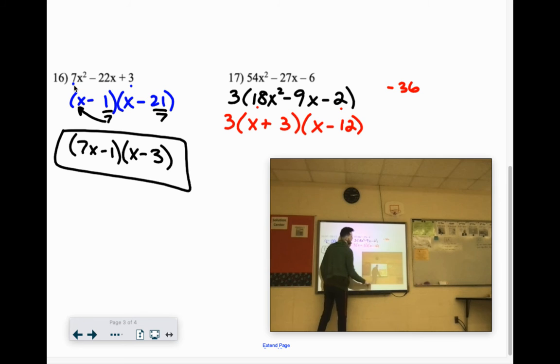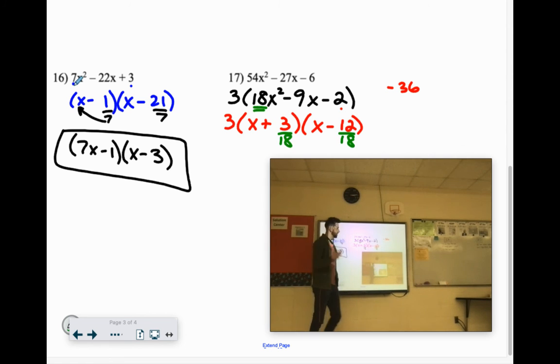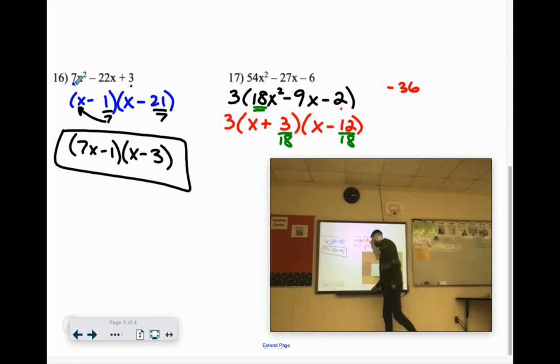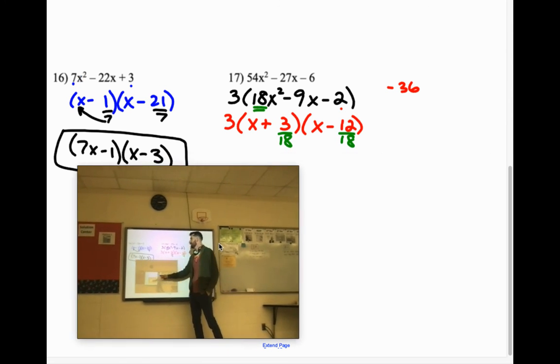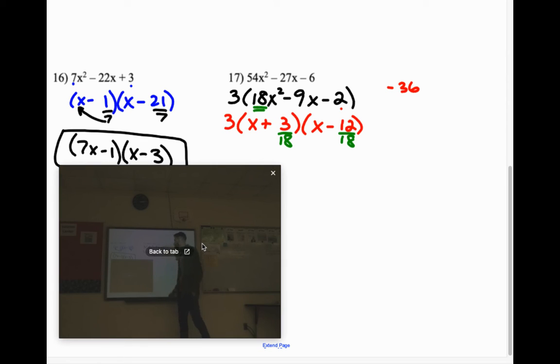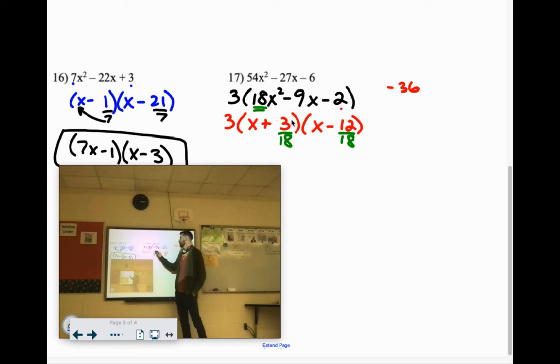We have to try to divide them by the number in front, 18. Now, neither of these divide evenly with 18, but like I said before, if you can simplify it, you have to simplify first. 3/18 simplifies to 1/6, and then we'll kick the 6 to the front. 12 and 18, 6 goes into both of those. 12 twice, 18 thrice.